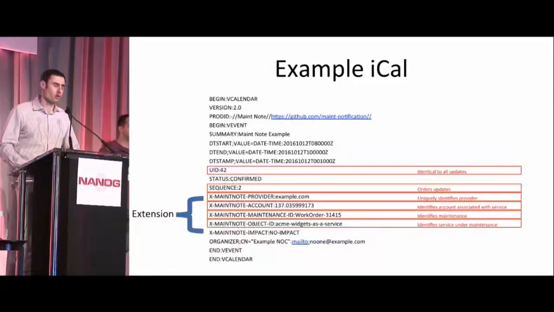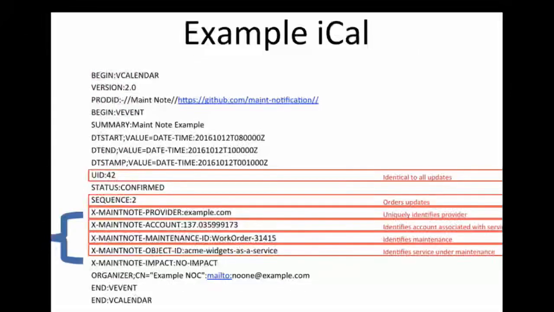You can put in a circuit ID, for example, or an IP address of a BGP peer, whatever makes sense within the context of the service that you're notifying for, to identify that service to the consumer, to the partner, to the peer, et cetera. That's what you would put in this field. And we allow more than one of these for each notification. And the last field is a field to determine impact. In this case, no impact. There are other impact levels that we've standardized, such as an outage, degraded, or reduced redundancy.